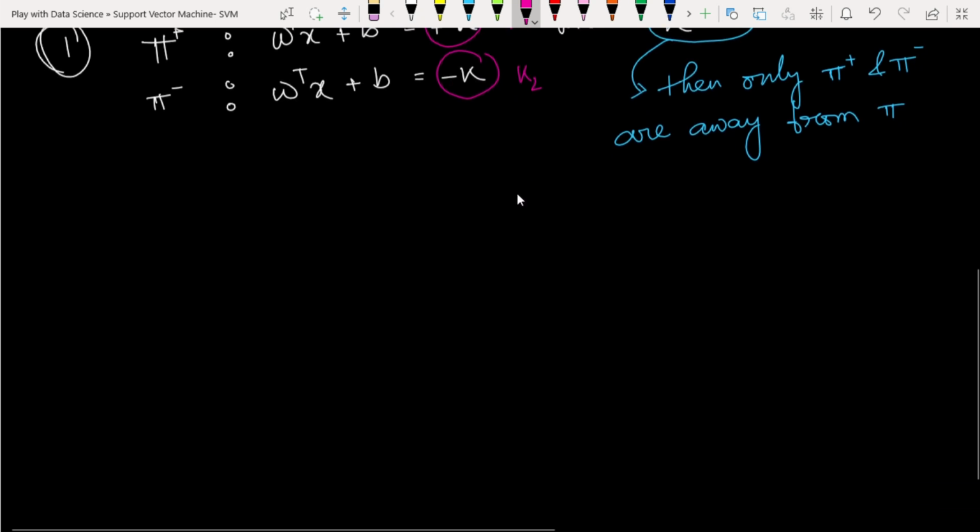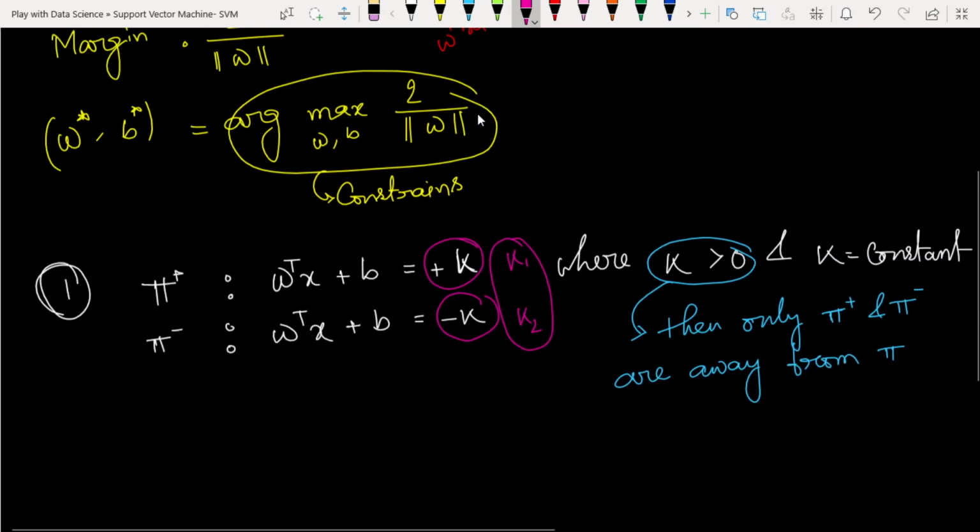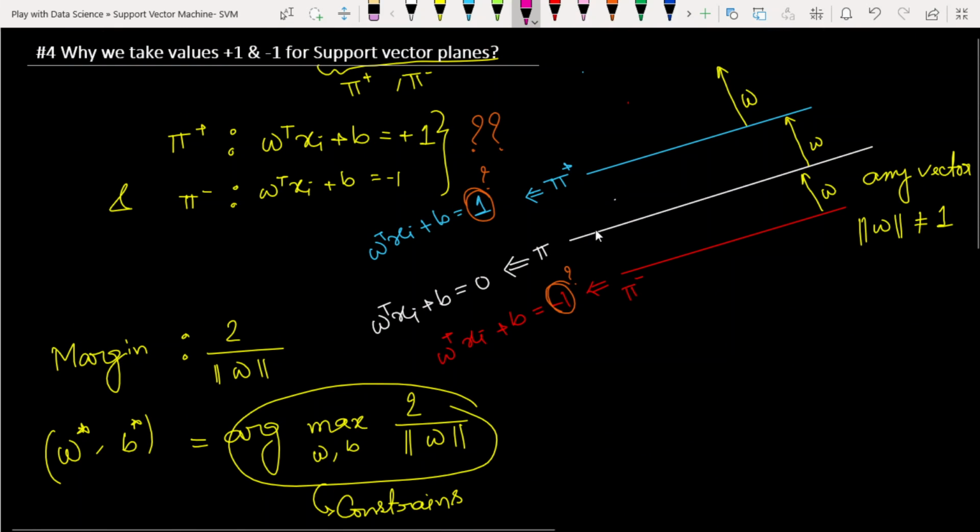Because we just want pi plus and pi minus to be equally far away from our optimal hyperplane pi. Suppose I took pi plus here and pi minus here, at different distances. We do not want such situations.